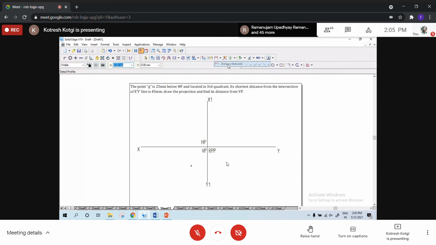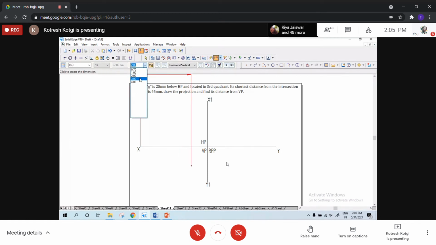How far is that from HP? What is the distance from HP? 25, right? I have fixed it 25 mm below the XY line, that is from HP.